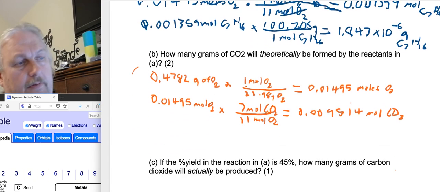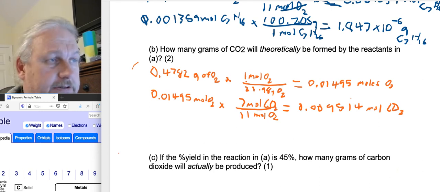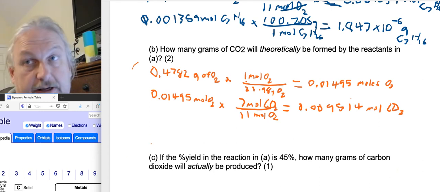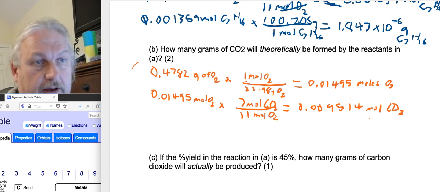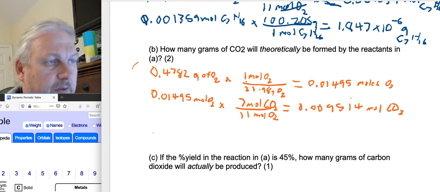I could combine all these steps in true dimensional analysis, but let's go step by step. I think it'll be easier for most of y'all to see. So I've got my moles of CO2 now, and I need grams of CO2.